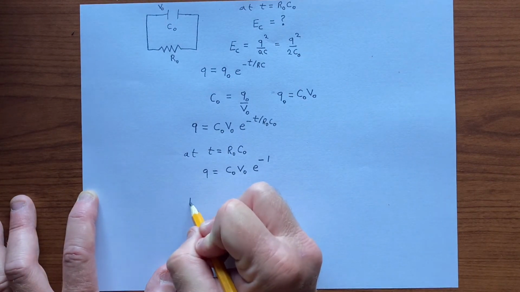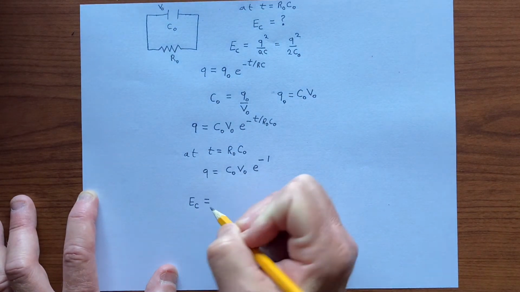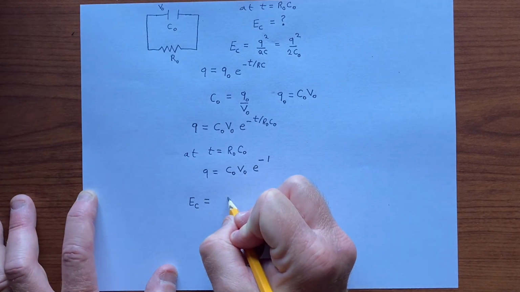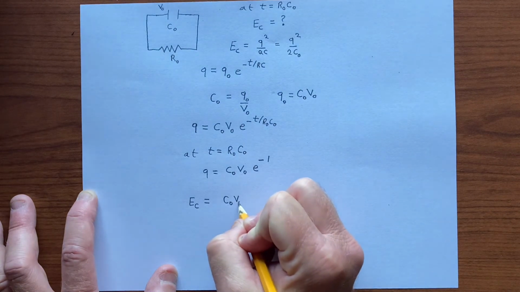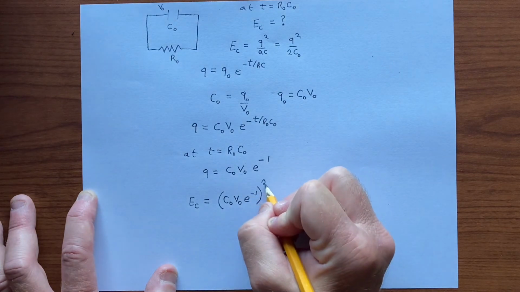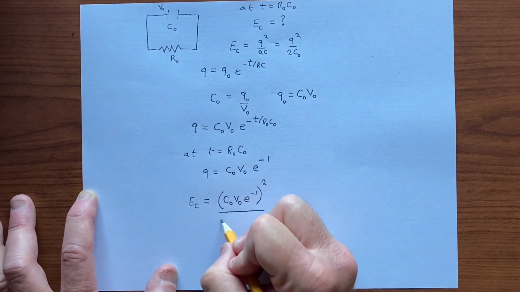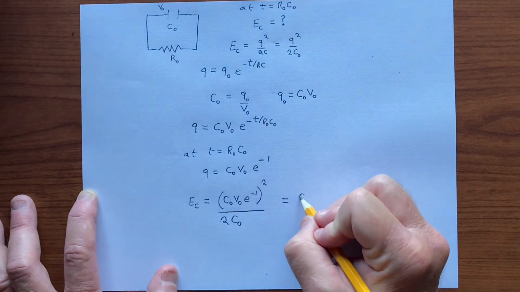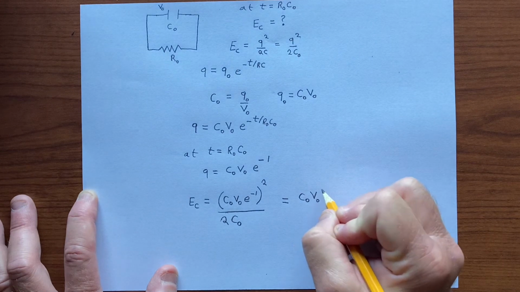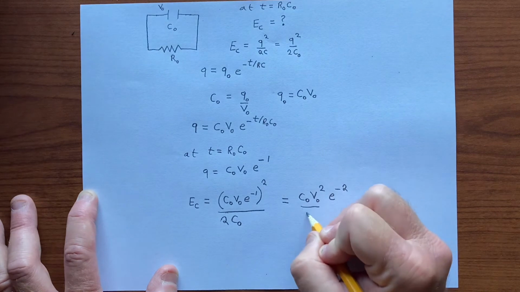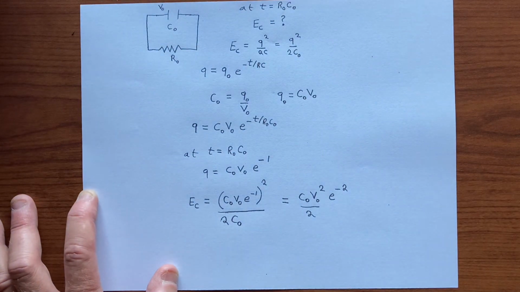But we care about Q squared to construct the energy in the capacitor. So we need C naught V naught e to the minus 1 squared over 2C naught, which is C naught V naught squared e to the minus 2 over 2. And that's the energy in the capacitor.